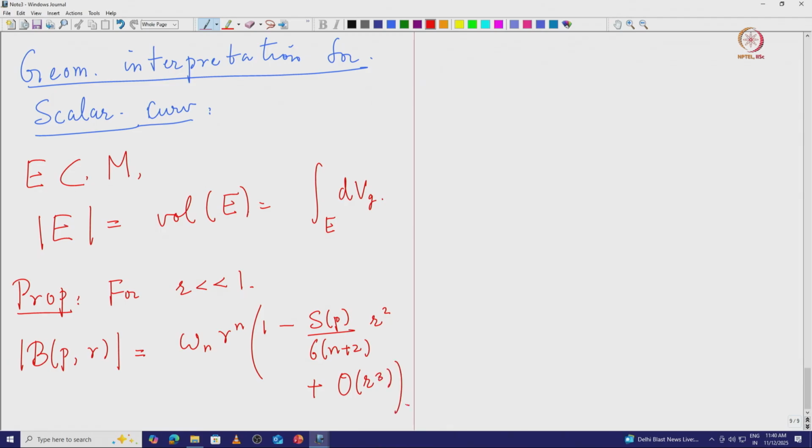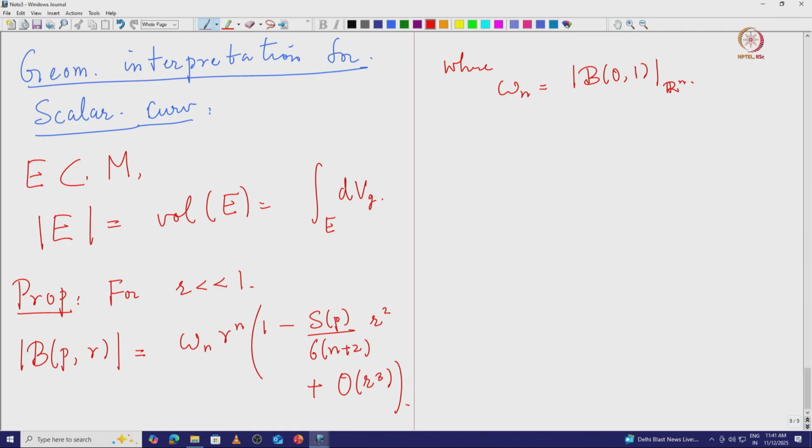where omega n is the volume of the unit ball in Rn, in the Euclidean space. Okay. So that means that the scalar curvature measures the discrepancy of the volume of this ball.